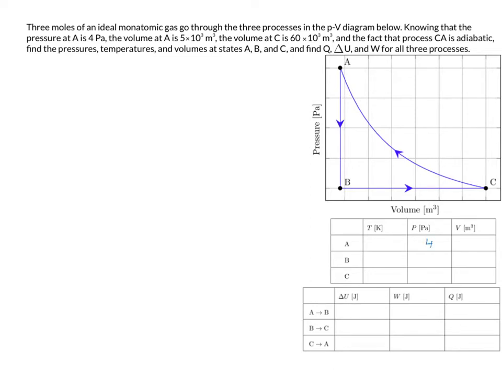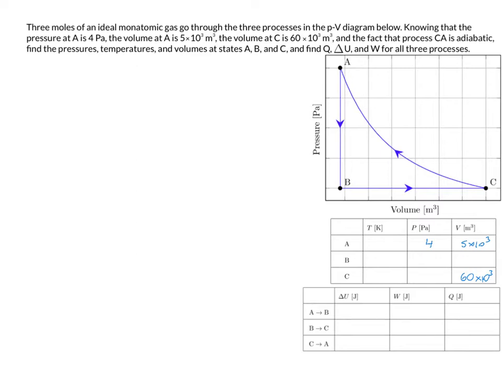I know that the volume at A is 5 times 10 to the third cubic meters. I know that the volume at C is 60 times 10 to the third cubic meters. I know that process CA is adiabatic, and then I'm looking for all the other things.